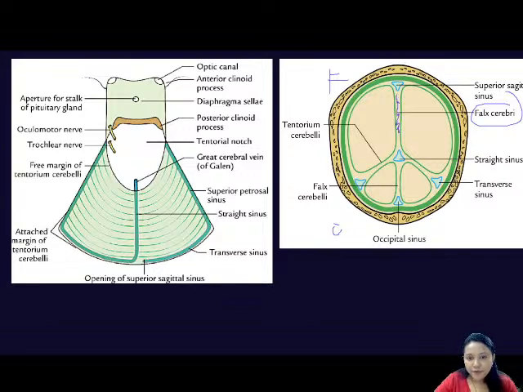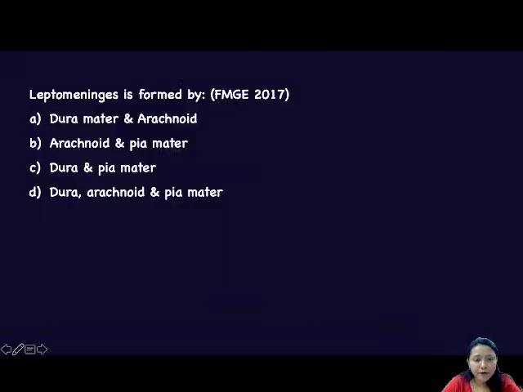Then you have the falx cerebelli on the posterior part. On the transverse sinus you have the tentorium cerebelli, and you will also have the diaphragma sellae in the interpeduncular fossa. So those are the dural folds.